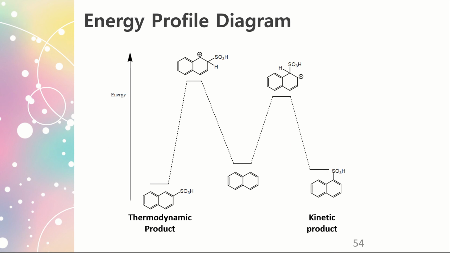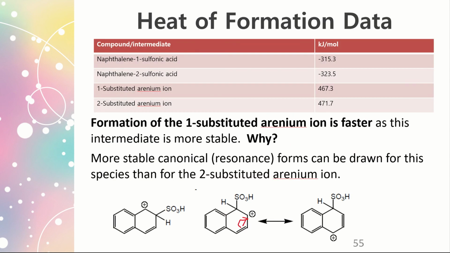So that is why on this slide we're talking about the areneum ion. Why is this one more stable than the other one? We're seeing here that you have more stable canonical forms of this intermediate than the other one.